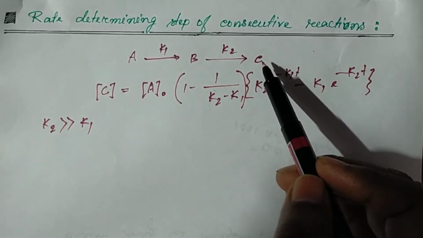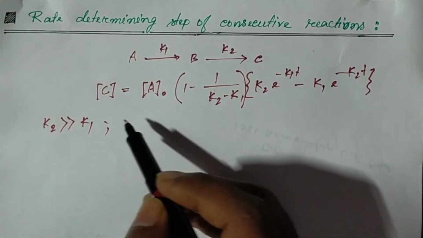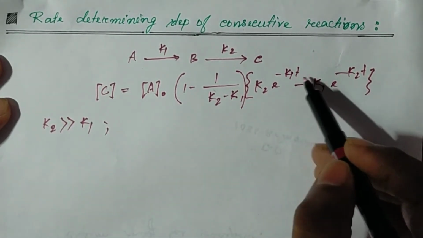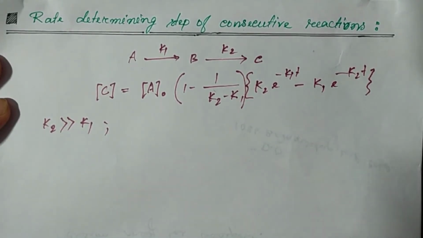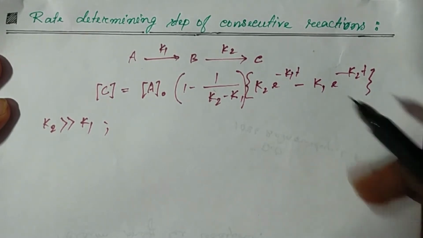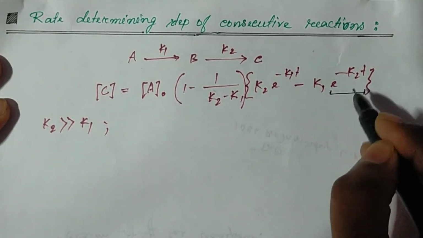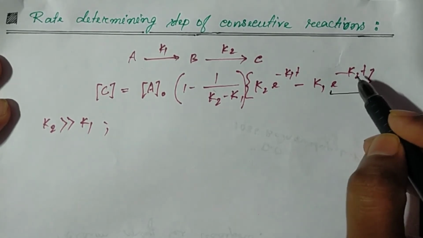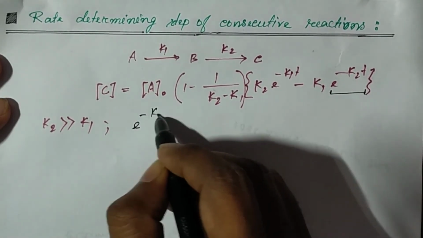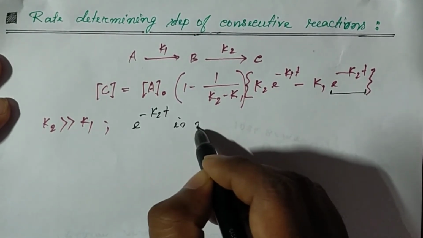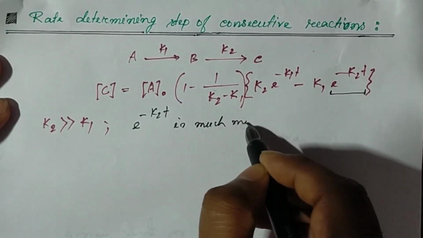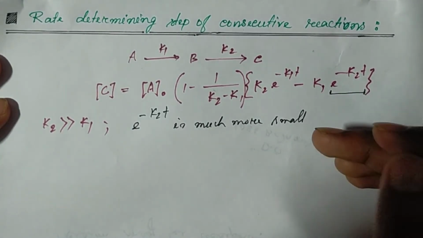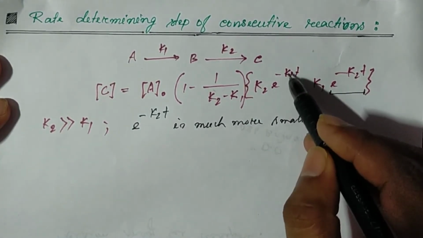Okay, so we can write here, as K2 is much higher, this value e to the power minus K2t is much smaller. Okay, e to the power minus K2t is much smaller, so we can neglect that in comparison to this one.